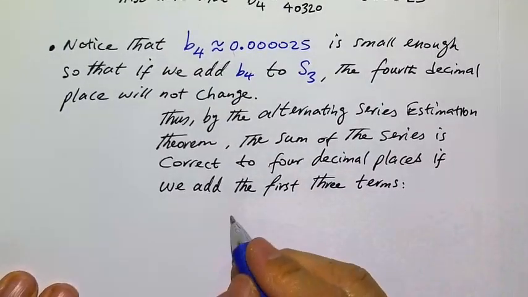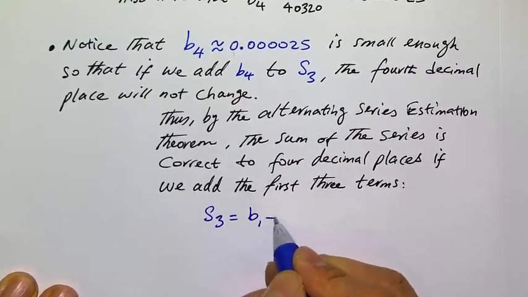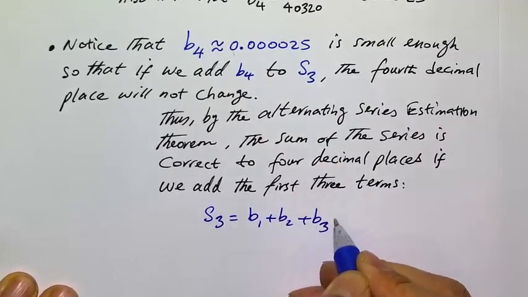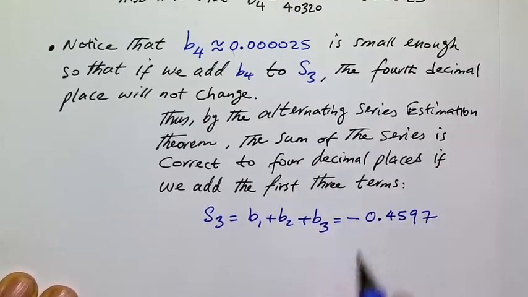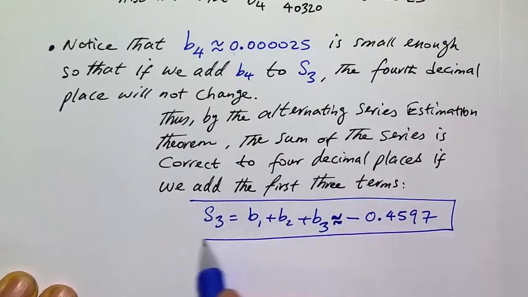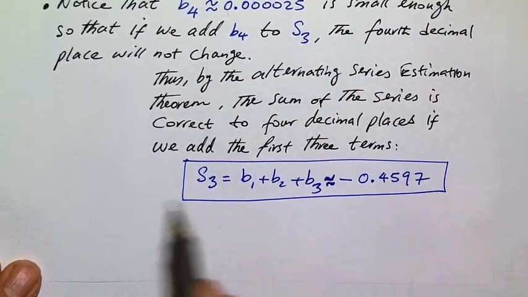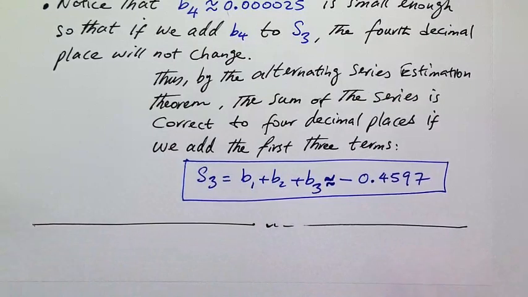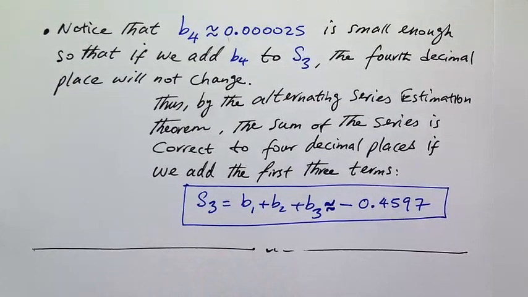So that is S3, which is B1 plus B2 plus B3, which is equal to minus 0.4597 after rounding. Okay, like that. All right, I hope this is making sense of what the alternating series estimation theorem says.